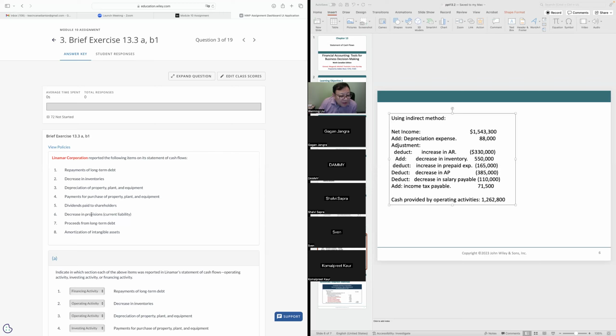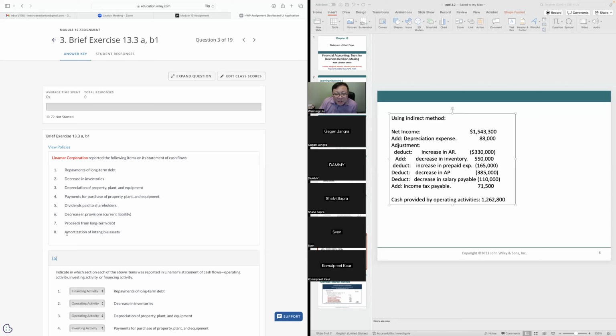Decrease in provisions. Provisions are current liabilities. Decrease in current liability. Operating. Awesome. Proceeds from long-term debt. Financing. Yeah, awesome. Thank you. Amortization of intangible asset.